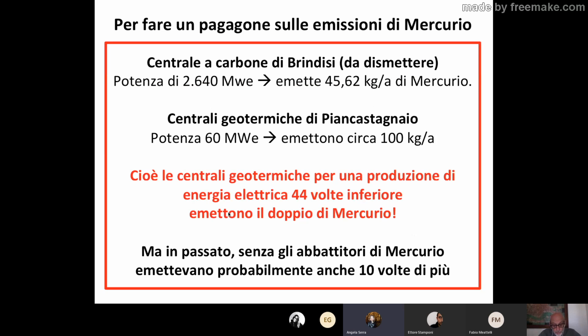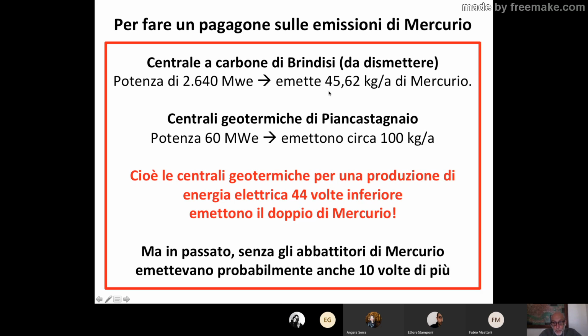I just make you some additional comparisons. For instance, people were very upset about a coal-fired power plant in Brindisi, which is in southern Italy. This is a plant that produces 2,640 megawatts electric, while the geothermal plants at Amiata produce only 60 megawatts electric.